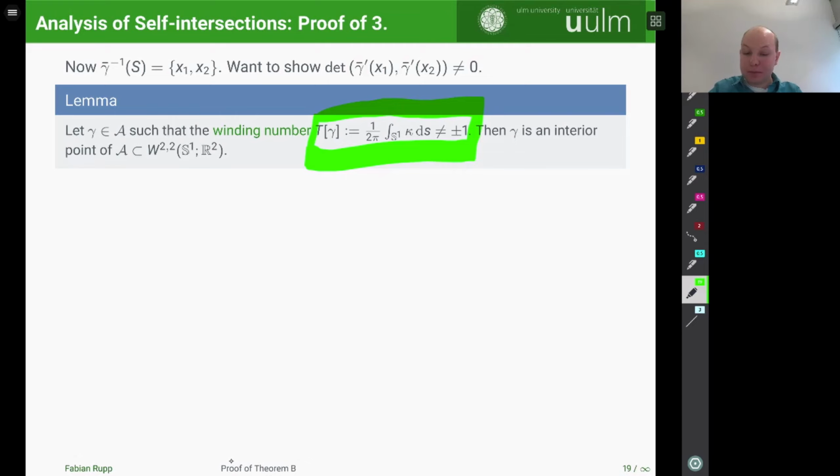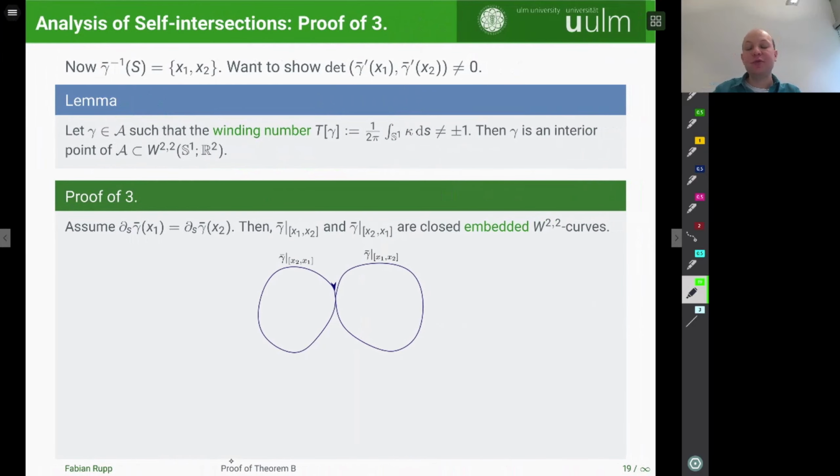I don't want to speak about the proof of this lemma, but we will use it now in order to prove the result 3, namely that the two tangent vectors at x1 and x2 are linearly independent.